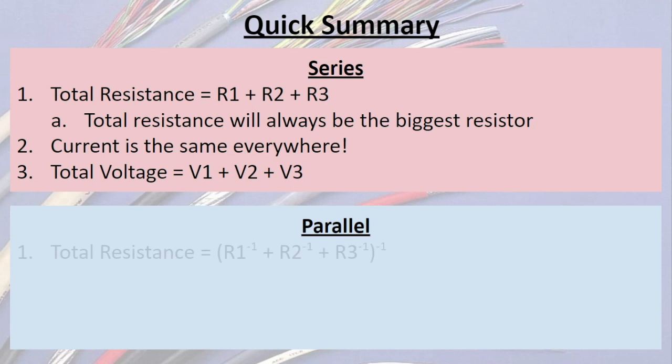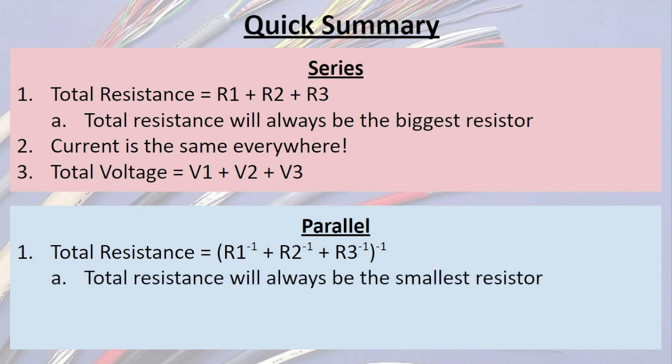For parallel, the total resistance can be found using this equation, which is the same one we did before. I'm just trying to simplify it for you. And that just says R1 to the negative first, which is the same as saying 1 over R1. If you plug it in just like this in your calculator, you should be able to get the answer right, no problem.